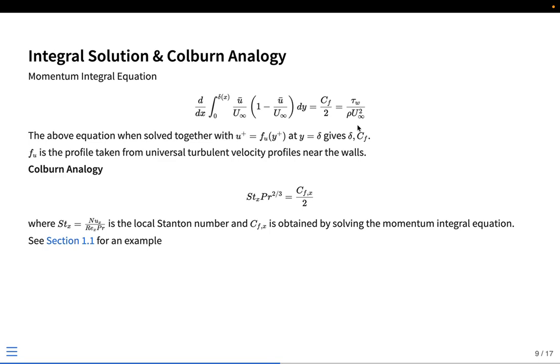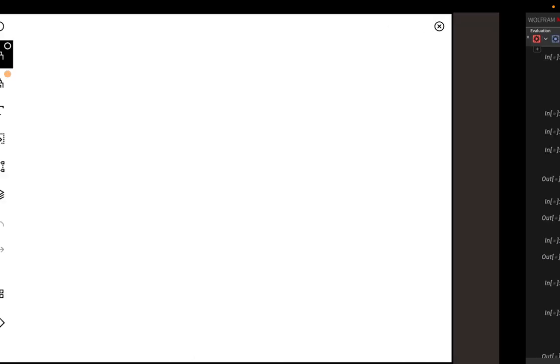The main challenge here is that previously, we were solving the integral momentum equation for laminar flow. This is the integral momentum equation for laminar flow.